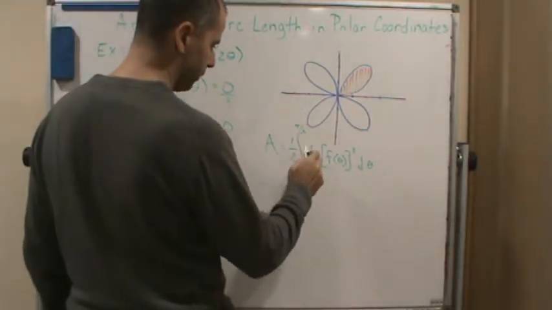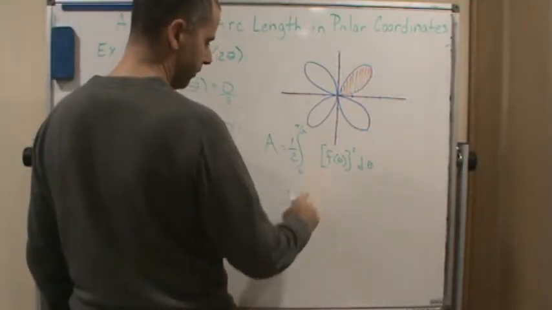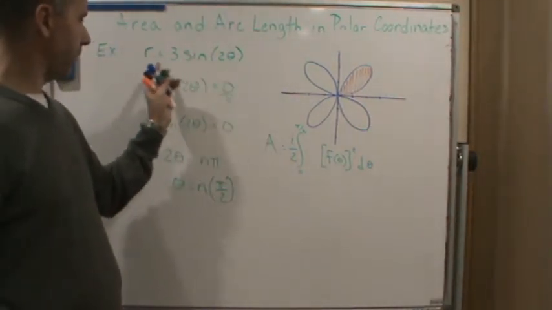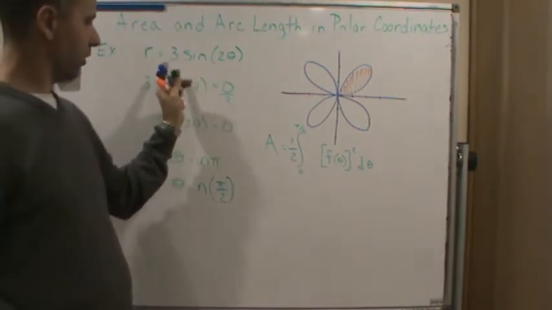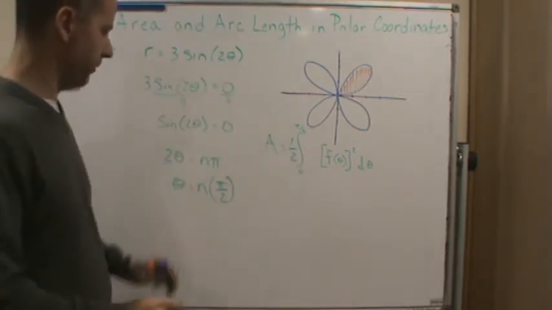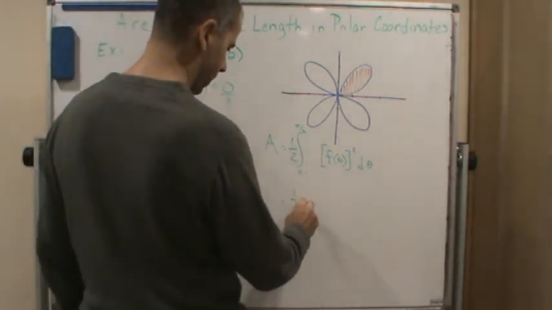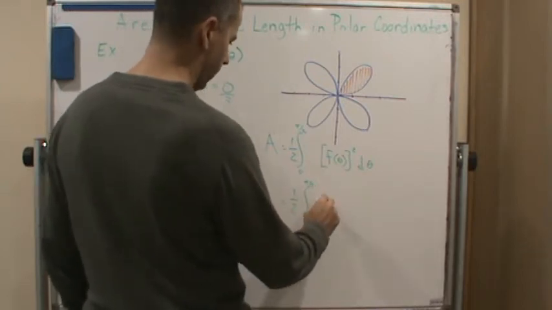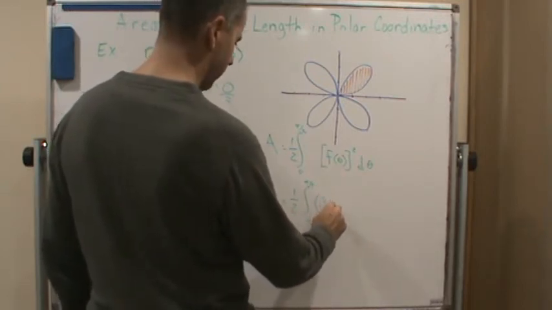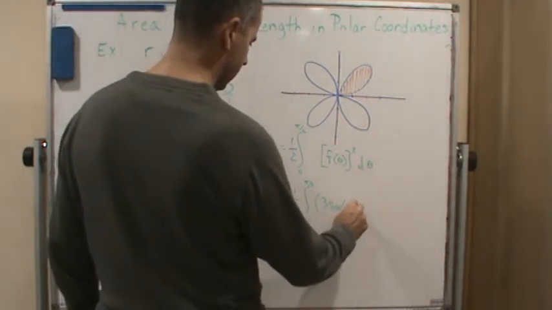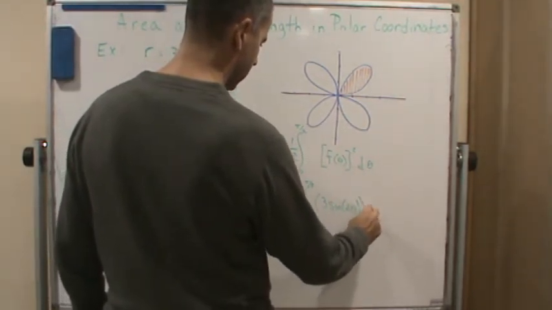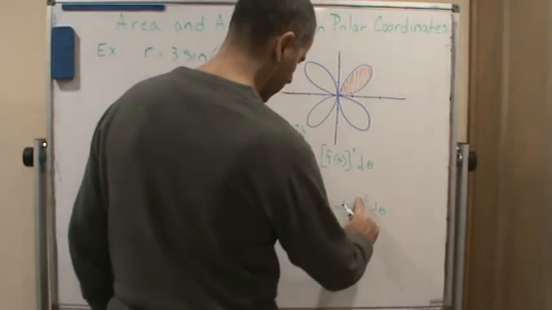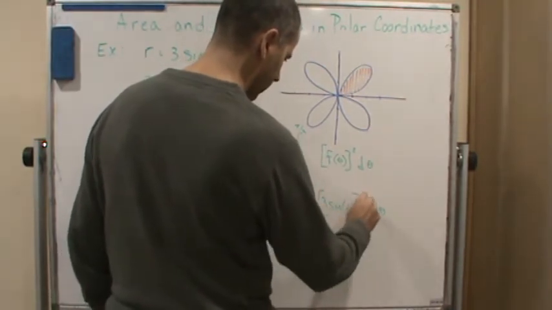Now what's f of theta? f of theta is r, so it's just r squared, f of theta squared. So this is going to be 1/2 the integral from 0 to pi over 2 of the quantity 3 sine 2 theta squared d theta. If we want to put this in square brackets, we can do that too.